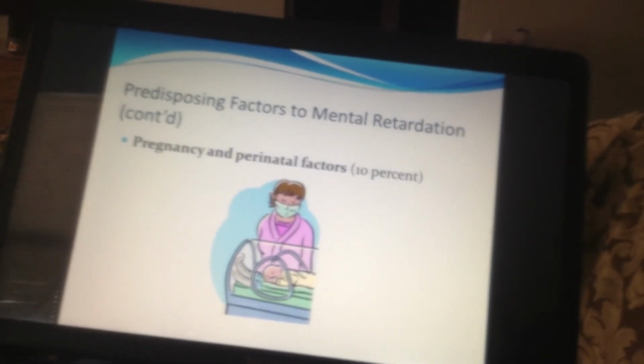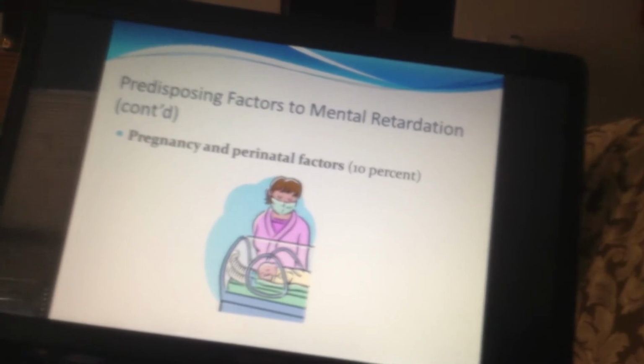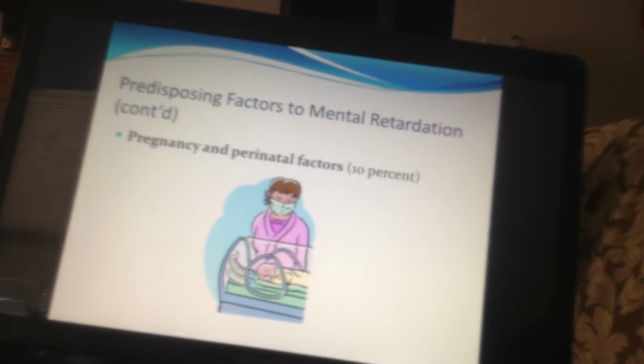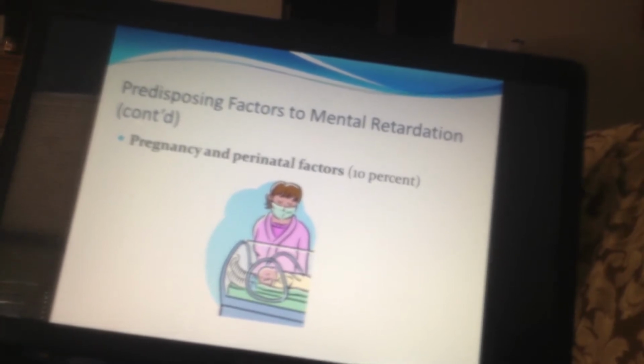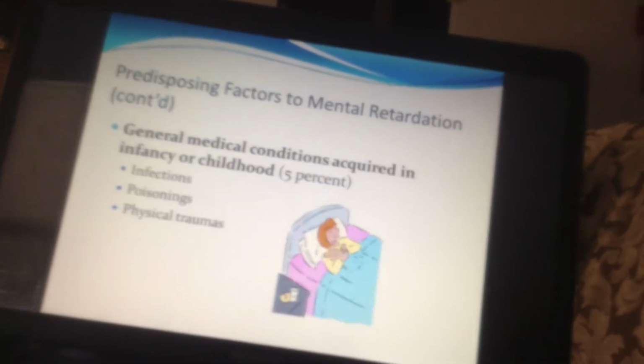Pregnancy and perinatal factors, those would be fetal malnutrition, viral or other infections during pregnancy, trauma or complication during delivery that deprive the infant of oxygen, or premature birth would be examples of perinatal factors.